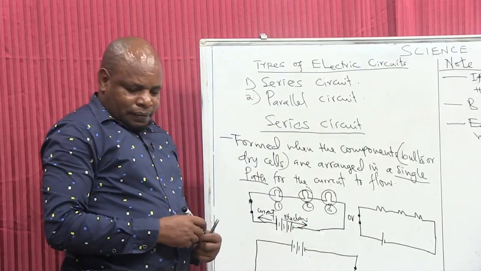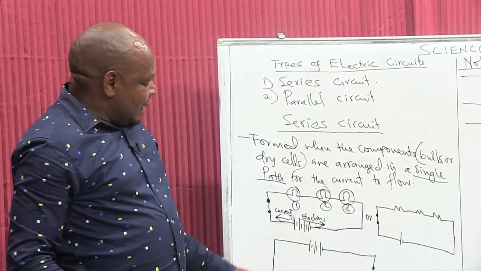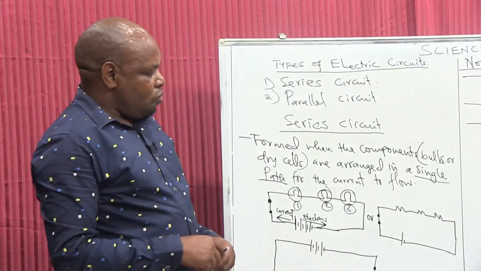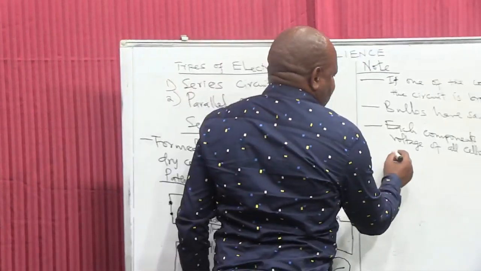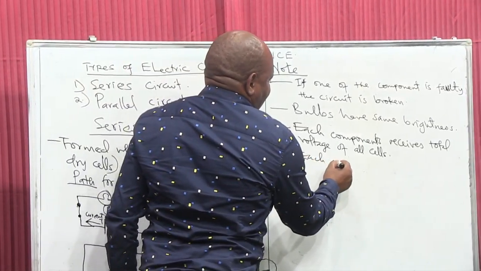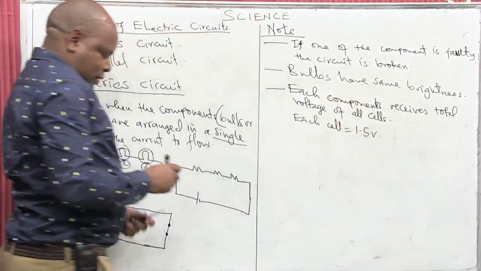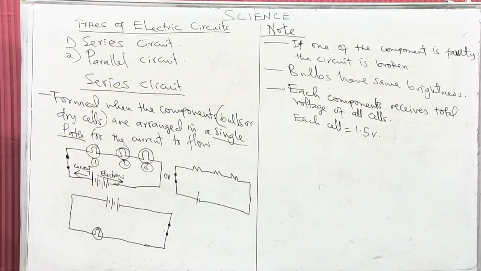Four cells. And each cell has got 1.5 V. Each cell 1.5 volts. V stands for volts.